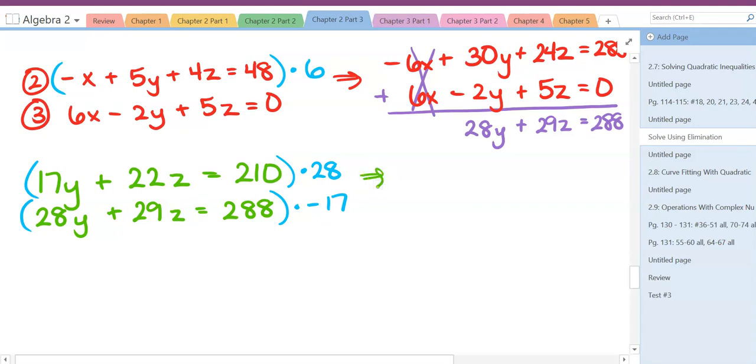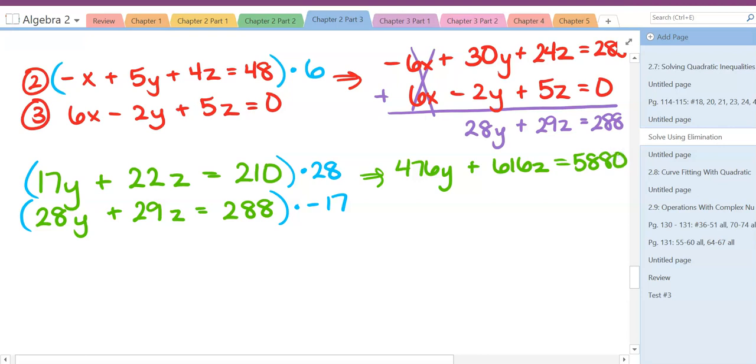So the top equation is now going to say 476y plus 616z equals 5,880.